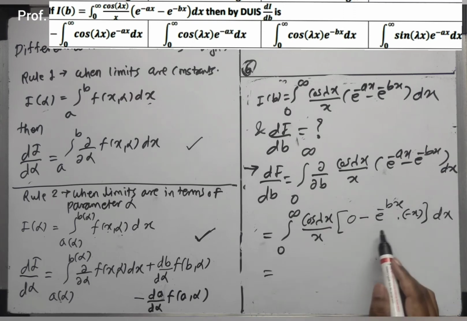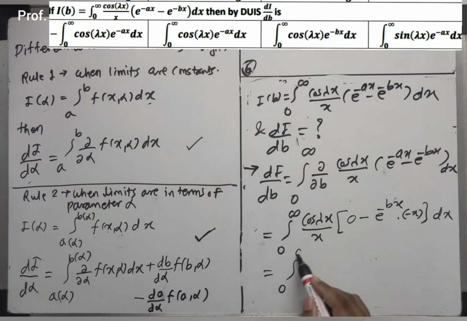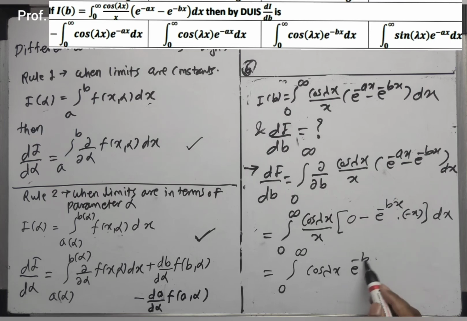So it is minus minus plus, x will cancel, so what remains? Integration 0 to infinity cos lambda x into e raised to minus bx dx. So what is the option? Option C, you can see integration 0 to infinity cos lambda x e raised to minus bx. So option C is the answer for this.